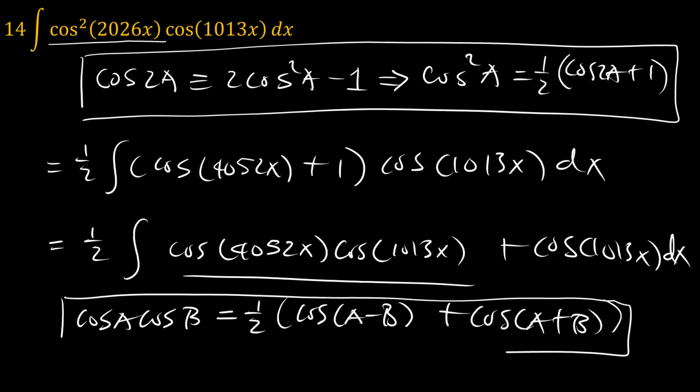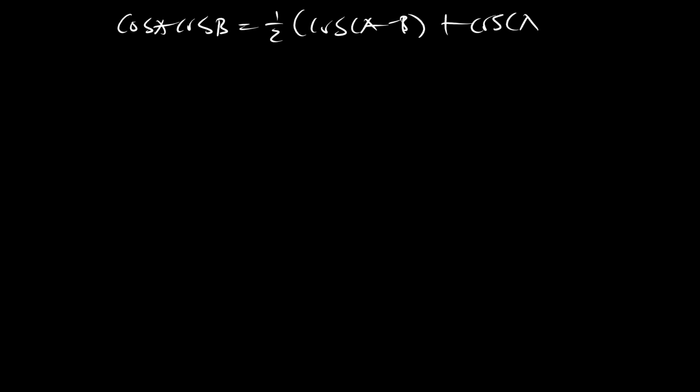Using that, we can then say that so we said we had our identity. Cosine of a, cosine of b equals a half cosine of a minus b plus cosine of a plus b. Right.